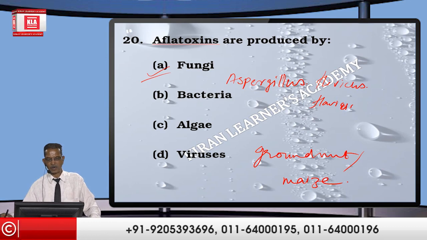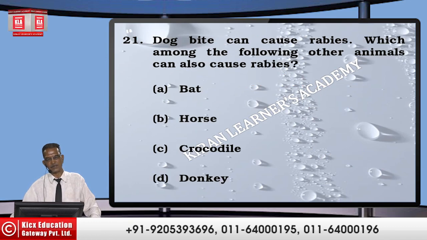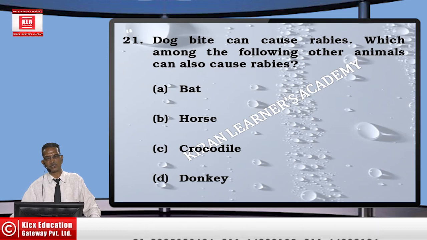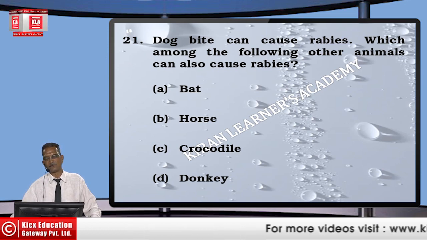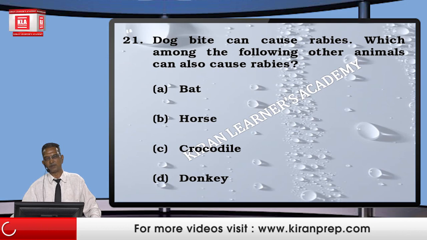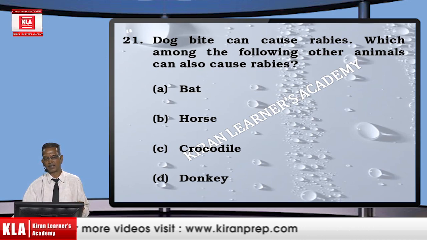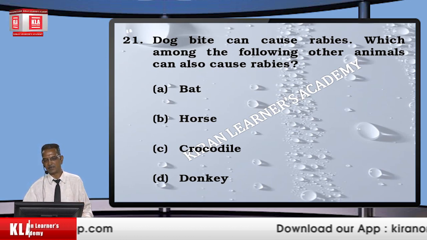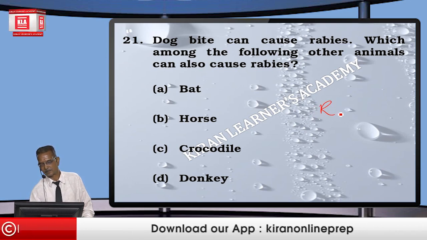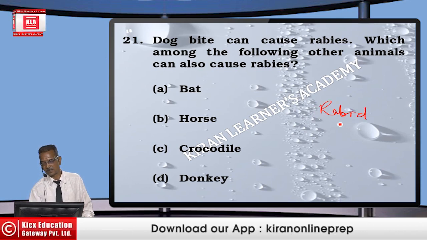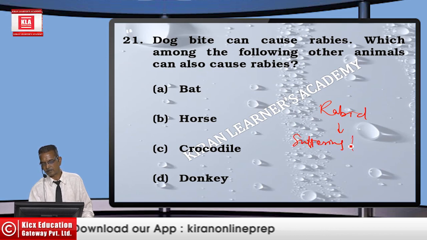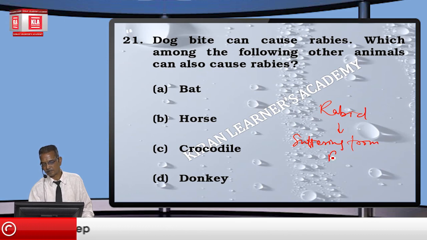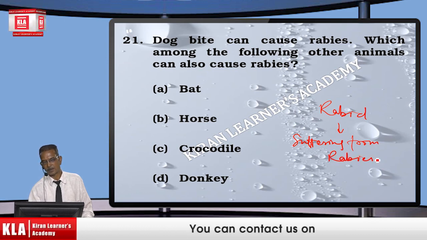Next, dog bite can cause rabies. Rabid dogs, you might have seen. One can identify very easily whether a dog is rabid or not. If in a dog the tongue keeps hanging out all the time, that means the dog is rabid, suffering from rabies.